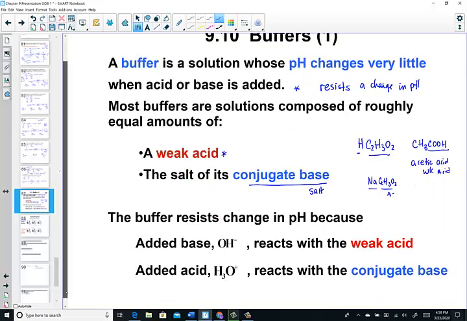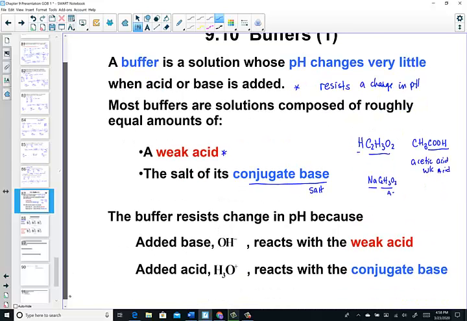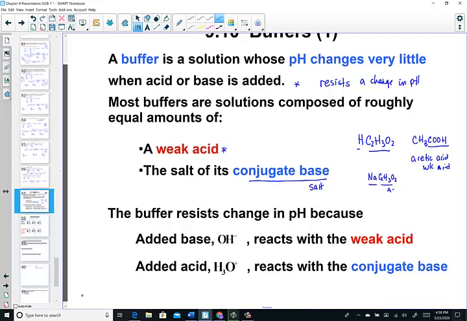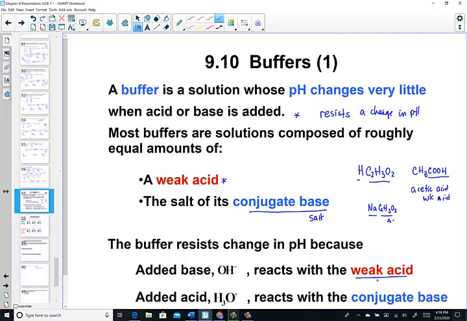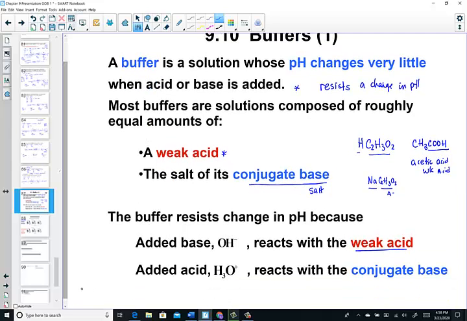So a buffered solution resists the change in pH because if I add strong base to the solution, there's an acid in there that reacts to neutralize it. The weak acid will react. And the H3O plus that could be added reacts with the conjugate base.